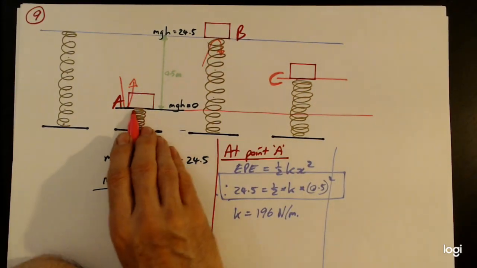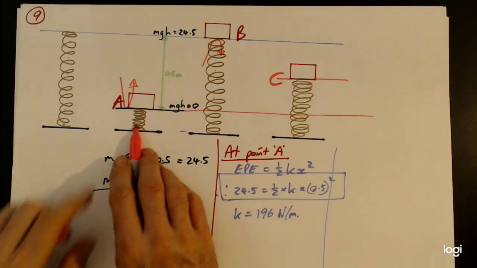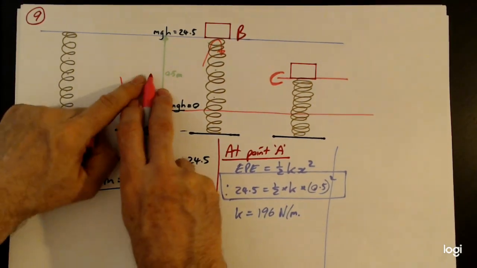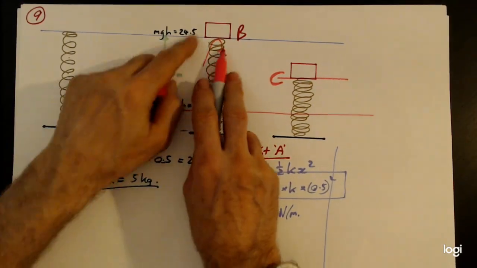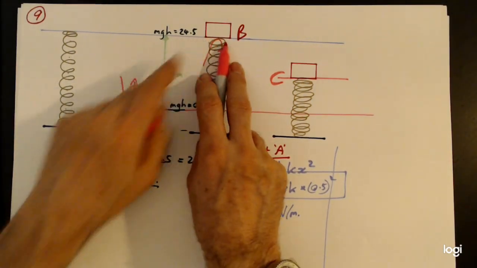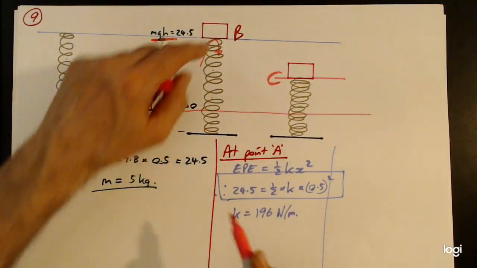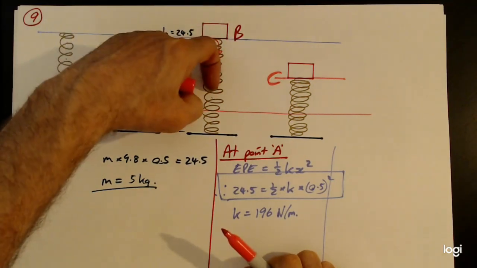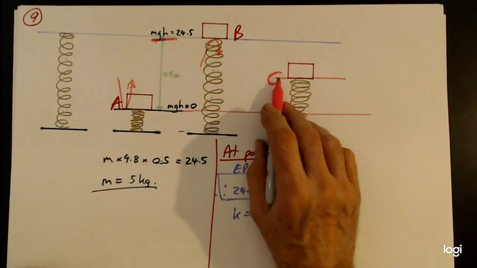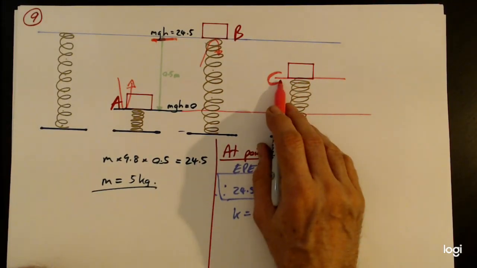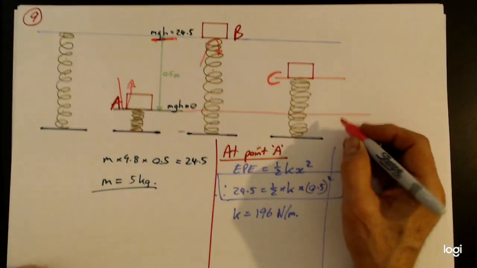As it moves up from here, the spring is accelerating it, speeding up, speeding up, speeding up. As it moves down here, gravity, the mgh that it's got, is accelerating it down. In the middle is where the maximum velocity happens, on the way up and on the way down.